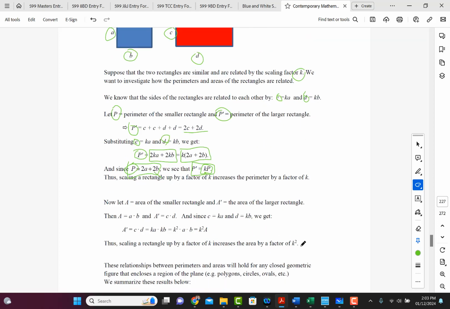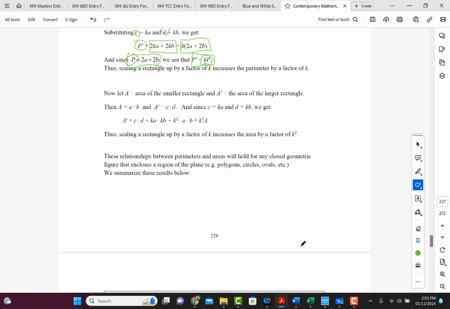Now let's look at area. Let's do the same thing for area and see what we get. If we let area A equal the area of the smaller rectangle and A prime be the area of the larger rectangle, we use the definition of area, length times width.